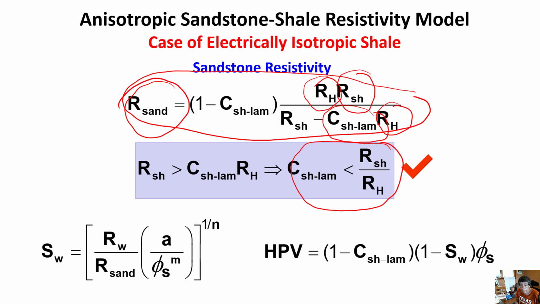This is important because if you don't get a positive value, then this negative value that you get, or zero, when you plug it into Archie's equation shown here, is going to give you a complex valued water saturation. Take the square root of a negative number, you get a complex number. And then go figure what it means to have a complex valued water saturation, real and imaginary parts. What does that mean? Well, not in this world.